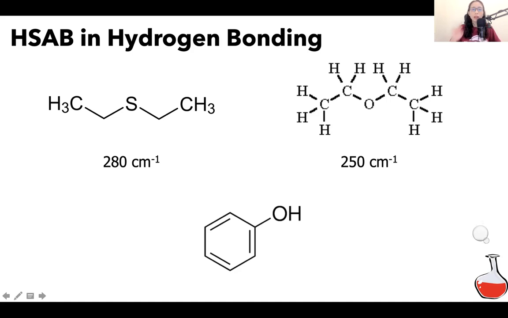But for the phenol diethyl sulfide mixture, the OH stretching band is shifted by only about 250 wave numbers, which means that you have a stronger interaction between phenol and diethyl ether. So the energy of the hydrogen bond between these two is 22.6 kilojoules per mole, while the hydrogen bond between phenol and diethyl sulfide is 15.1 kilojoules per mole.